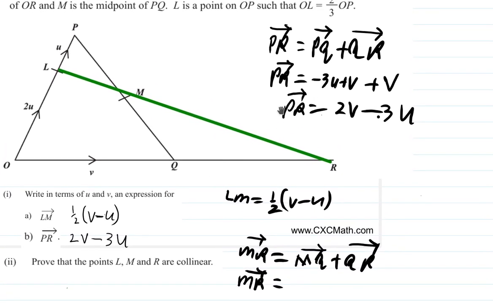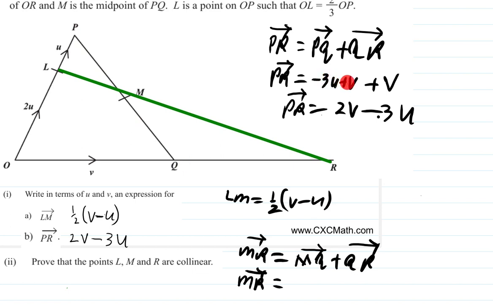Oh, hold on. PQ is this. We didn't erase it. I thought you had erased it. See it here, right up here. PQ, going from P to Q. We have it here.